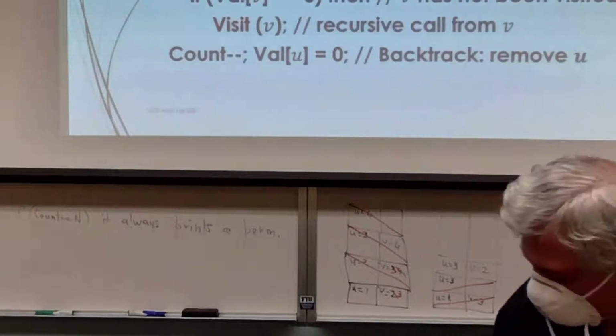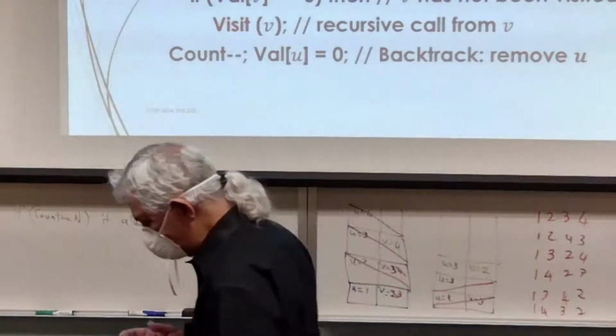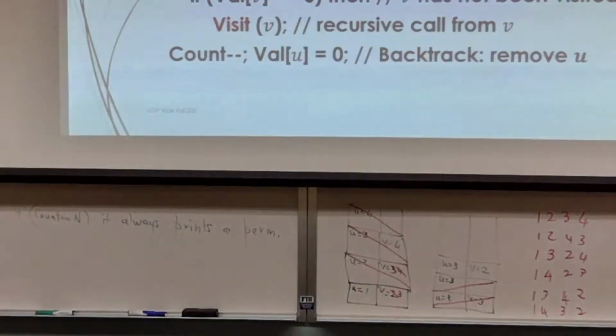Okay, yeah, so you all have the idea, but the formal way I would do it is by using induction. Let's assume that this works perfectly well for a certain value of n, or let's say all the way up to n minus 1. Now I want to prove that it works correctly for n. How do I do that?